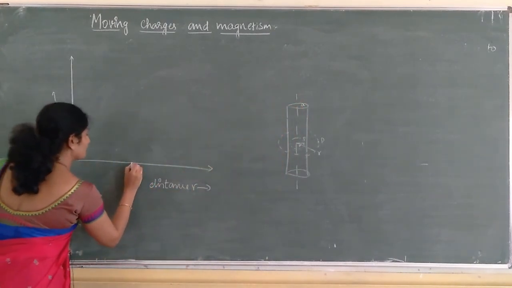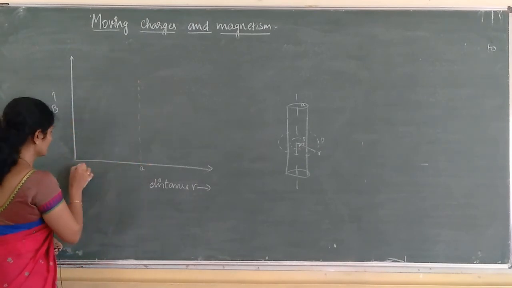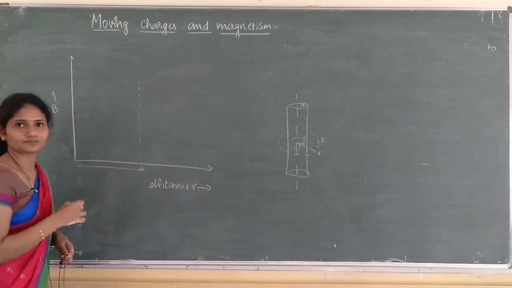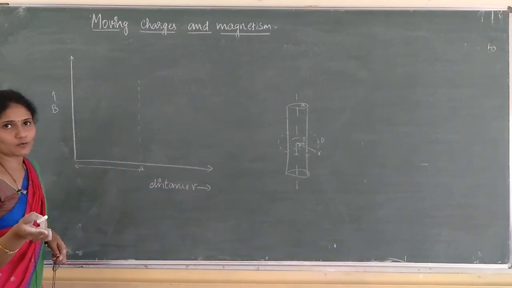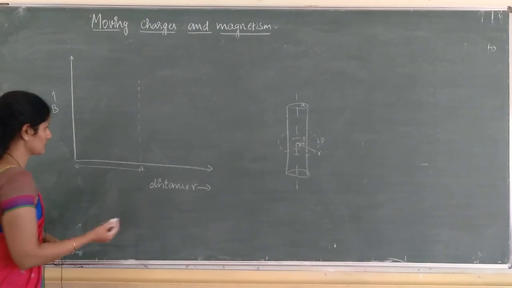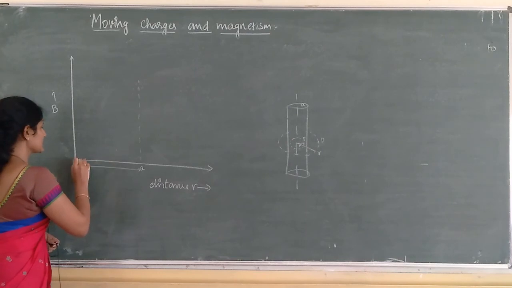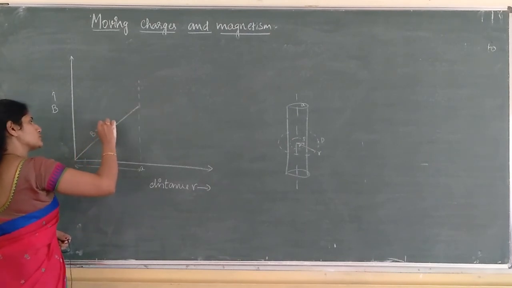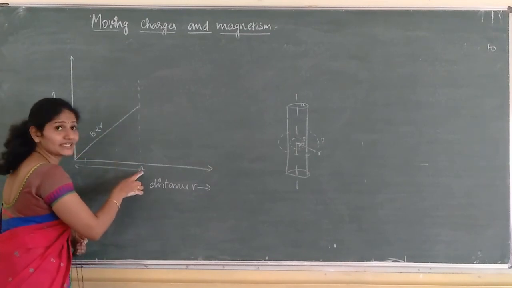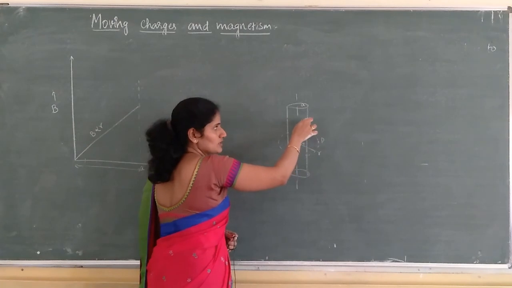So, from here to here, B is directly proportional to r. As r increases, the magnetic field B also increases, because B is directly proportional to r, till it reaches a, up to this point.